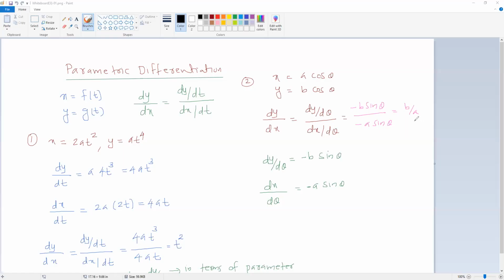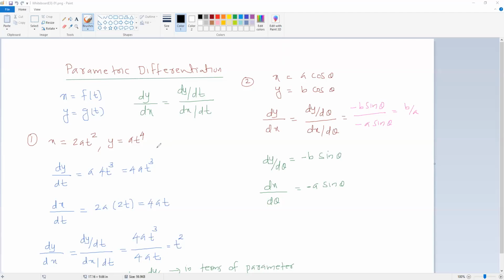Now I want to share some problems that we discussed yesterday. See, this is one of the problems that we discussed yesterday. Parametric form.